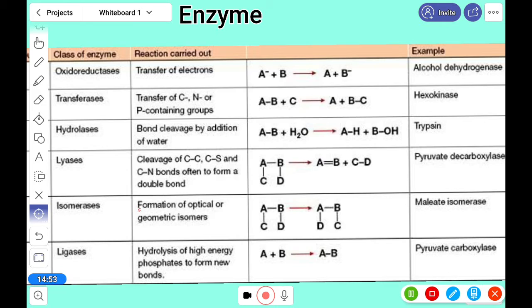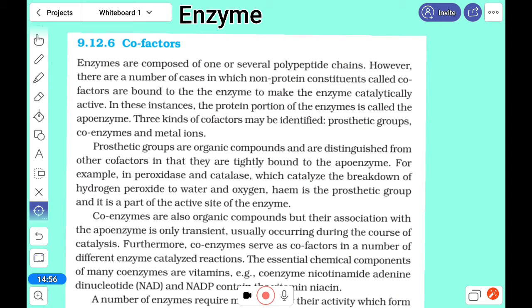Next, and the last part, is the cofactor. Enzymes are composed of several polypeptide chains, that is basically protein, but there is also a non-protein part, that's the cofactor, and these are mainly the coenzyme or the prosthetic group.